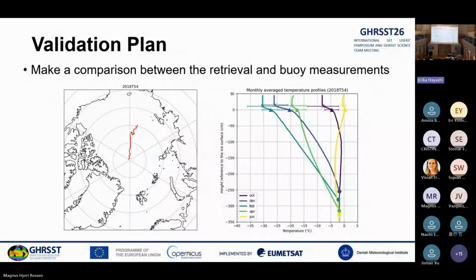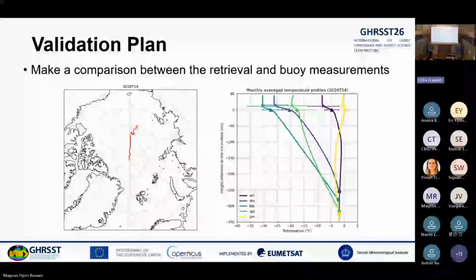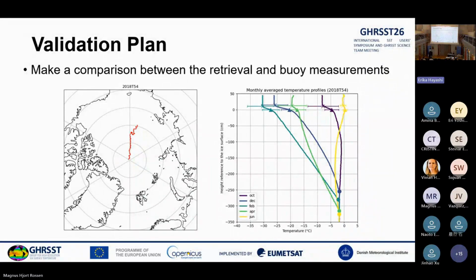It is very straightforward to make a comparison between them. So now we are creating a matchup data set between AMSR2, buoy and ERA5 atmospheric profiles, and it will be available in a few months, I guess.